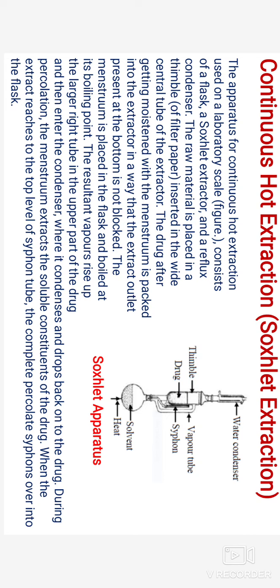The resultant vapors rise up the larger side tube in the upper part of the drug and then enter the condenser, where they condense and drop back onto the drug. During percolation, the menstruum extracts the soluble constituents of the drug. When the extract reaches the top level of the siphon tube, the complete percolate siphons over into the flask.